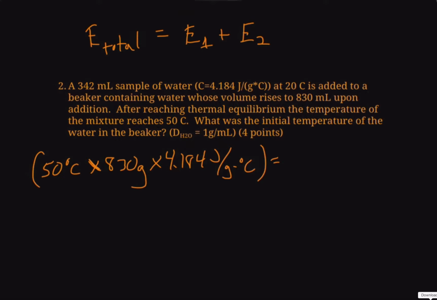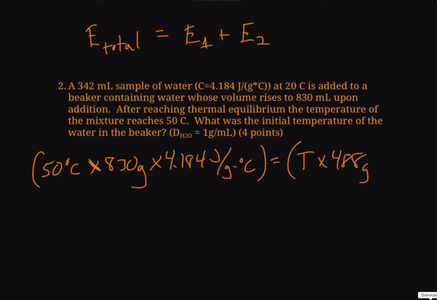E1 plus E2. So E1 is the mixture in the beaker, or the sample that starts out in the beaker, and it has a temperature of T. It has a mass of 488 grams, and we find that because the total is 830.